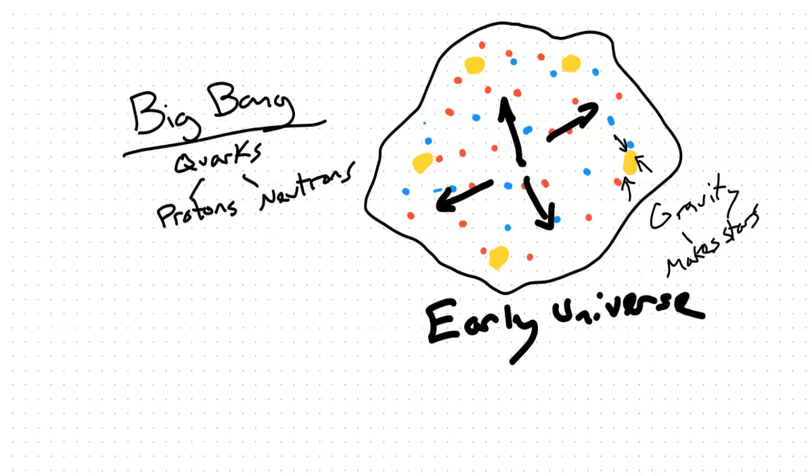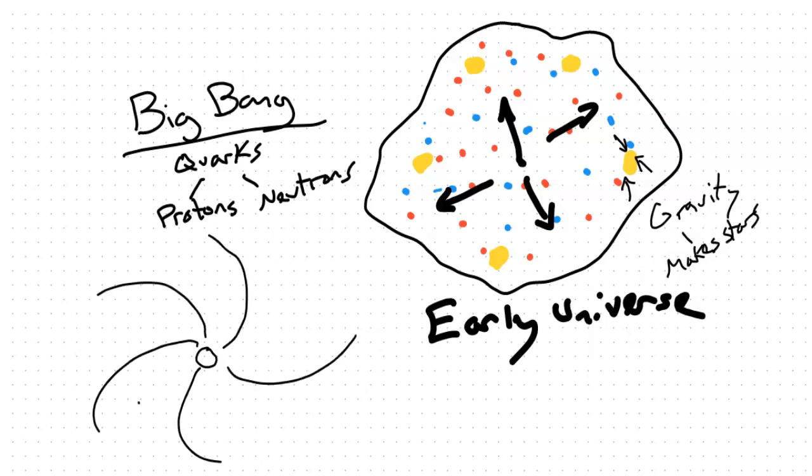And here in this early universe, we start to get stars, and then those stars collect into galaxies. So, like our galaxy is a spiral arm galaxy. And those are filled with stars.